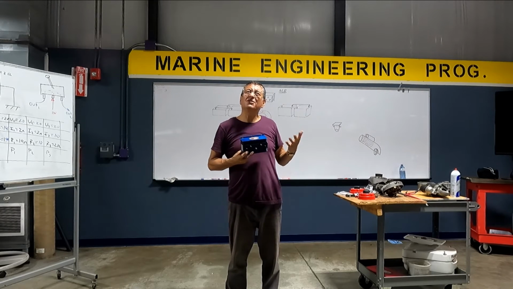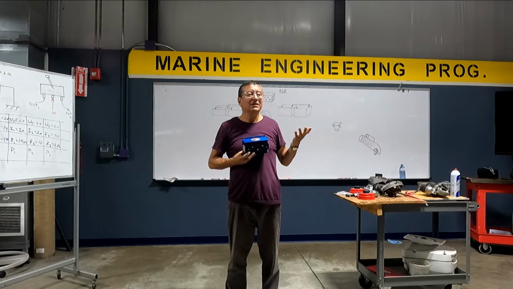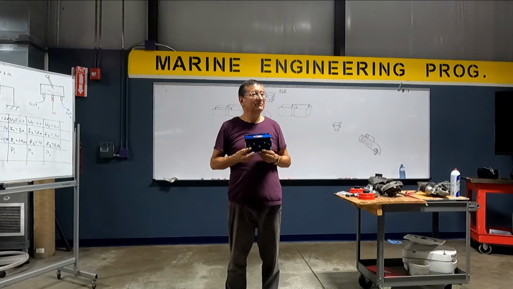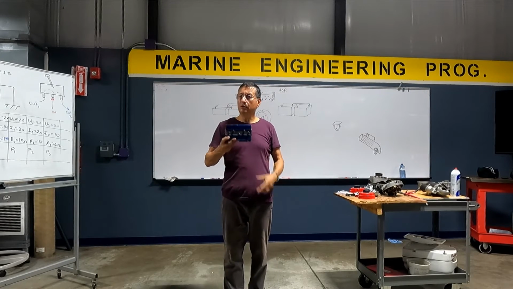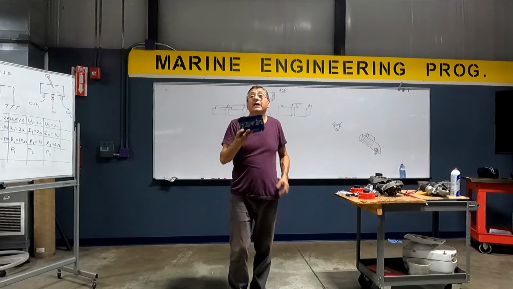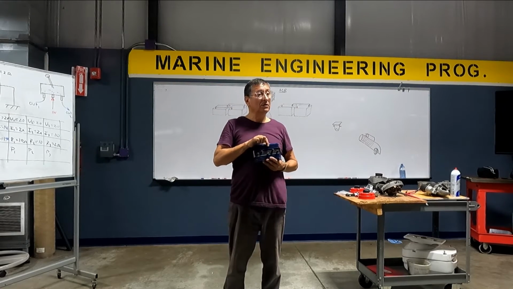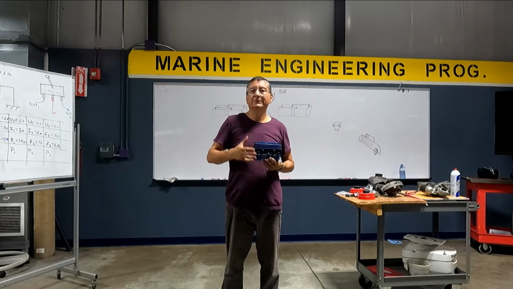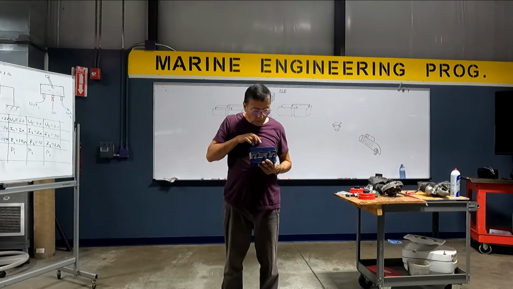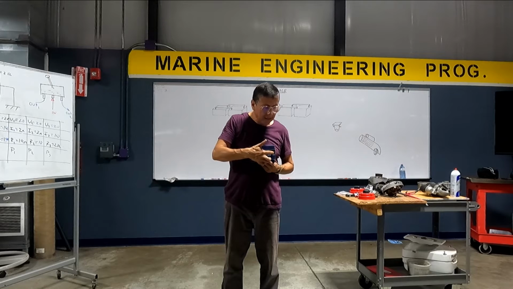For me, that name is not according to reality, because it's not an isolator, it's an equalizer. A.C.R, automatic charging relay. Good? There are A.C.Rs with one input and two outputs, two inputs and three outputs, and so on. There are different configurations. This one is two inputs and three outputs.